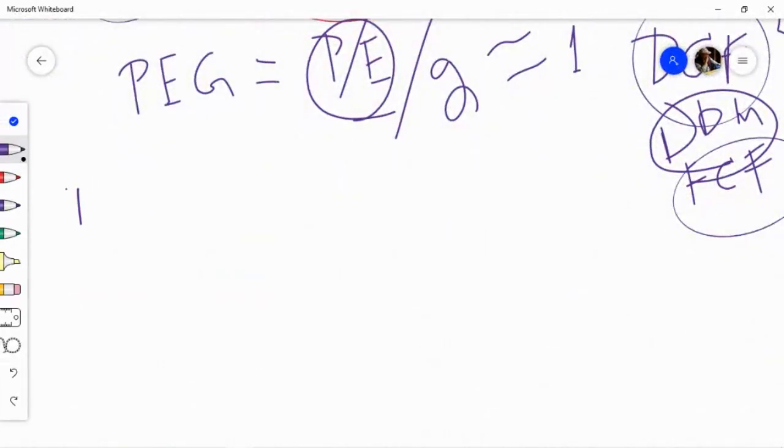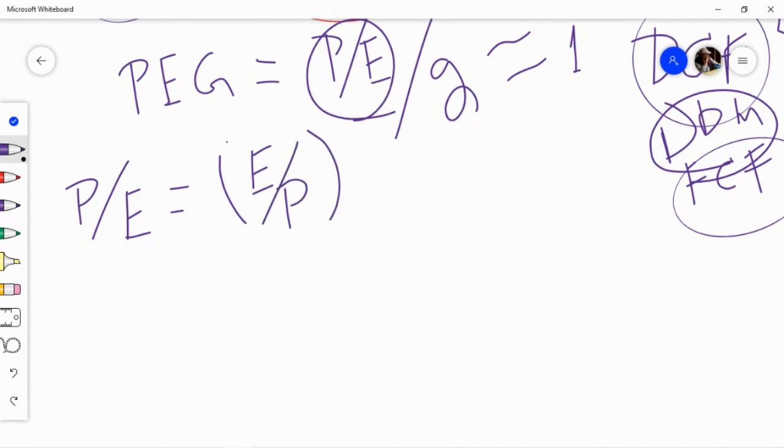But we know very well that the P/E ratio is the reciprocal of earnings yield, which is the earnings price ratio raised to -1 because it's the inverse.